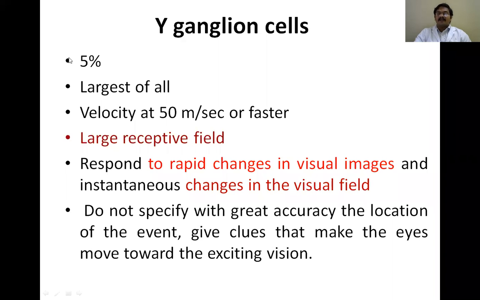They are the largest of all, and the velocity of conduction is also high, about 50 meters per second, so they are faster, and they have a very large receptive field. They respond to rapid changes in the visual image and instantaneous changes in the visual field.